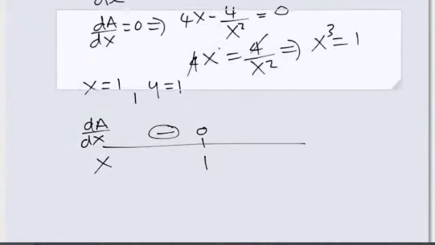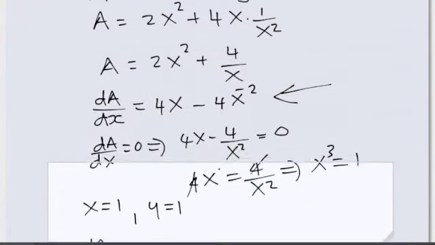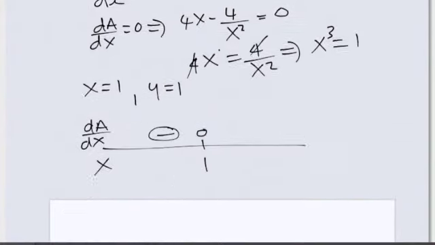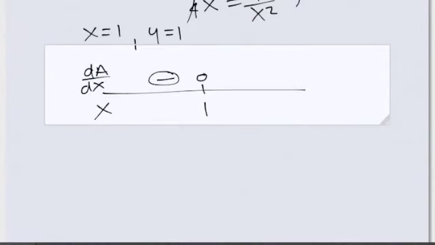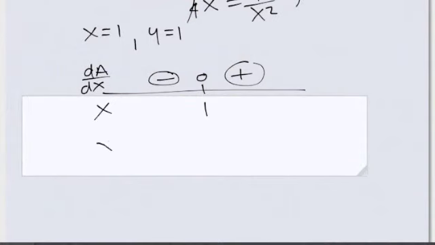And if you substitute a value slightly more than 1 in the expression for dA/dx and evaluate the right hand side, we will get a positive answer. So in fact, x equals 1 minimizes A. So the dimensions that minimize the surface area are x equals 1 and y equals 1.